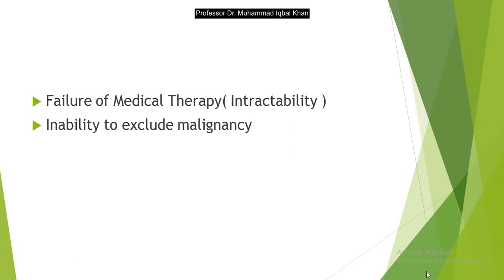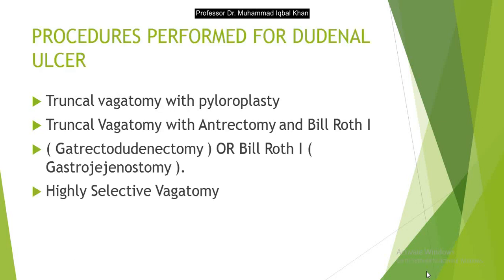Or in the case where you are not able to differentiate between a malignancy and a benign disease, which sometimes happens in gastric outlet obstruction, once complete obstruction is there, you can get the biopsy, but you can't get the deeper portion of the biopsy to get the exact idea whether the patient has a malignancy or not. In those cases, you need to do the surgical treatment.